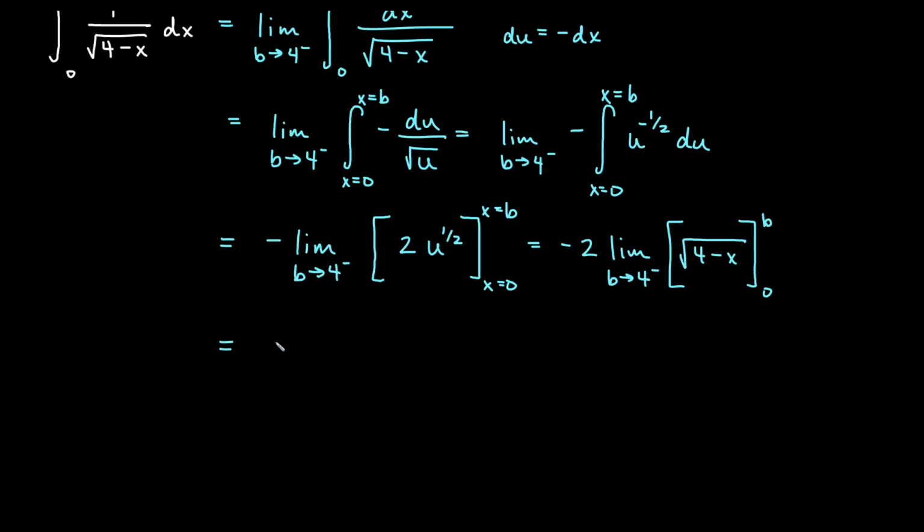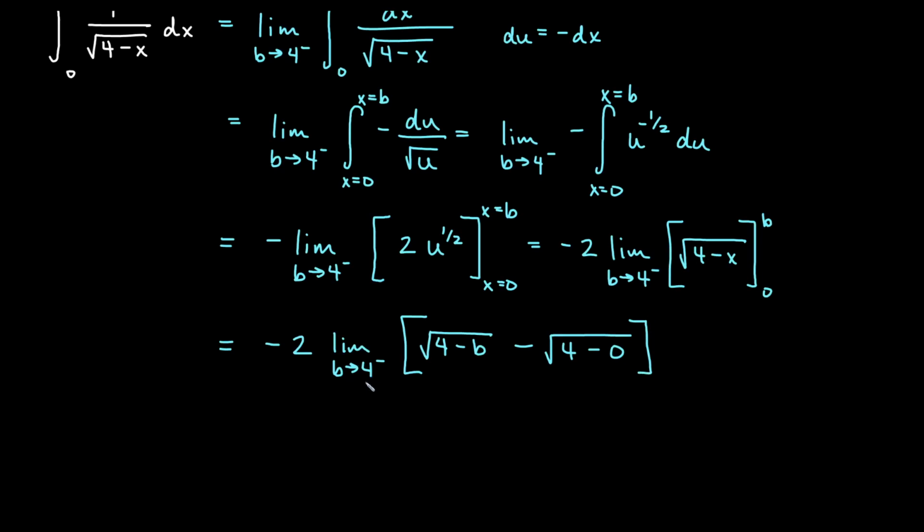Let's drop our bounds in there and evaluate our limit. So -2 times my limit as b approaches 4 from the minus side of, plugging in b, I would have square root 4 minus b, and then I would have minus the square root of 4 minus 0.